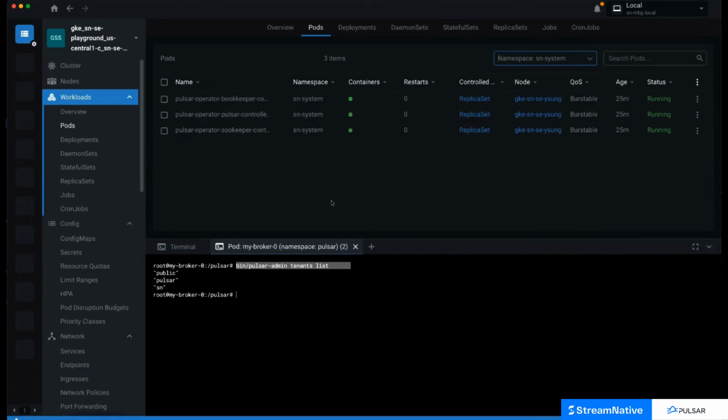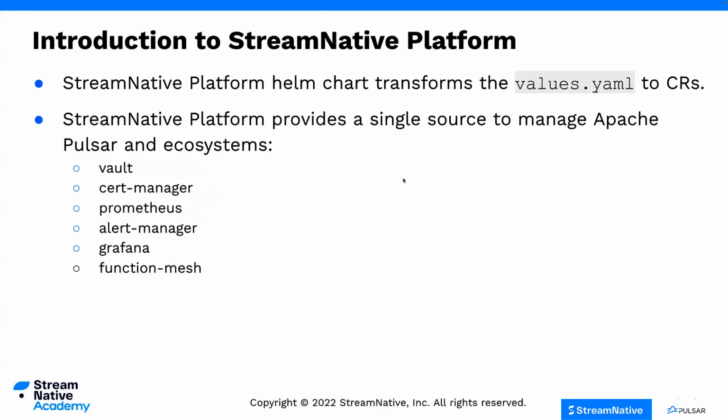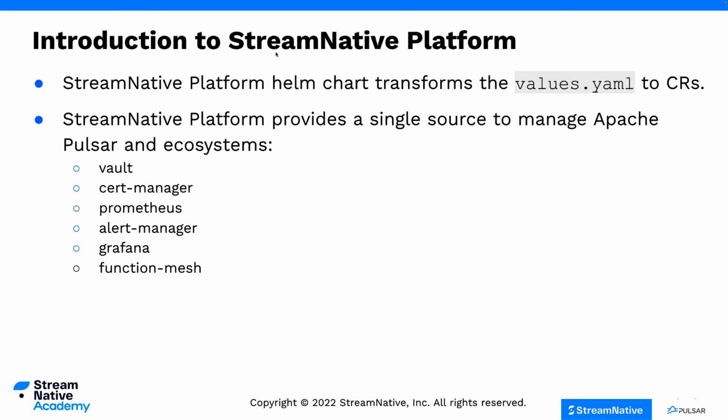So this is where the StreamNative platform jumps in. The platform is a composer, okay? So it makes everything. In the operator, you have 3 YAML files or 5 YAML files, right? The platform only has 1 YAML file.